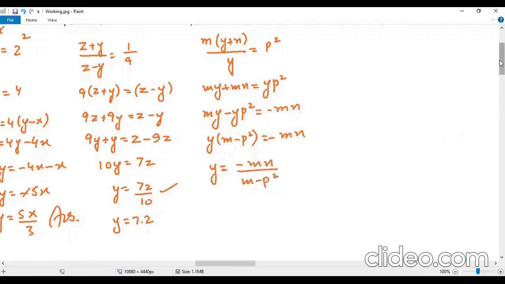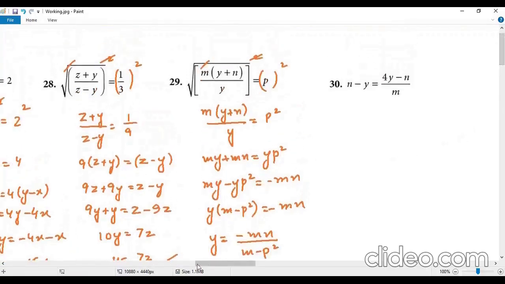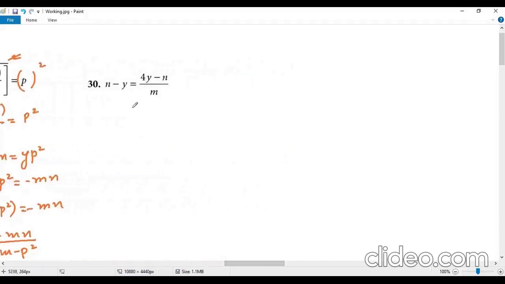Last question, question number 12, and it is going to be multiplying m n minus y equals 4y minus n. That means mn minus my equals 4y minus n.